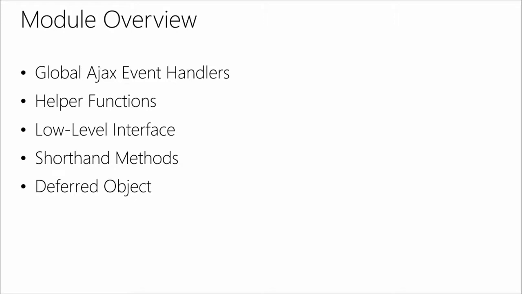In this module, we're going to be looking at the global Ajax event handlers, the things that we can do to hook into the Ajax cycle, what happens before, during, and after an Ajax call. We're going to look at some helper functions. We're going to look at the low-level way to call Ajax using the Ajax method. But then we're going to look at the shorthand methods that jQuery gives us to make it, once again, easy.